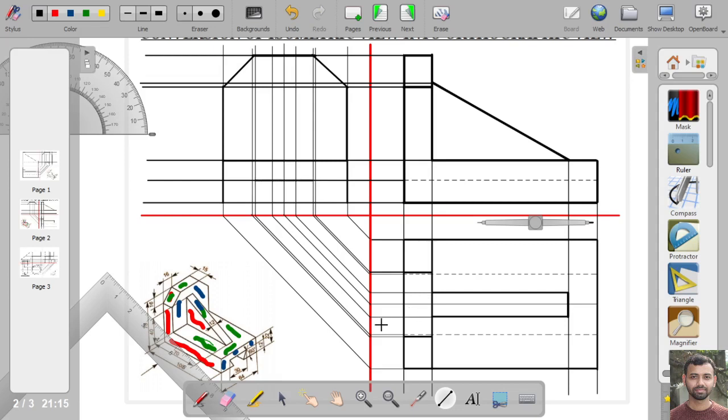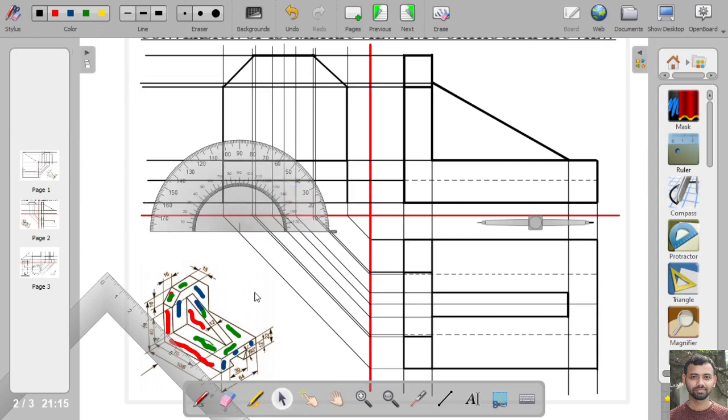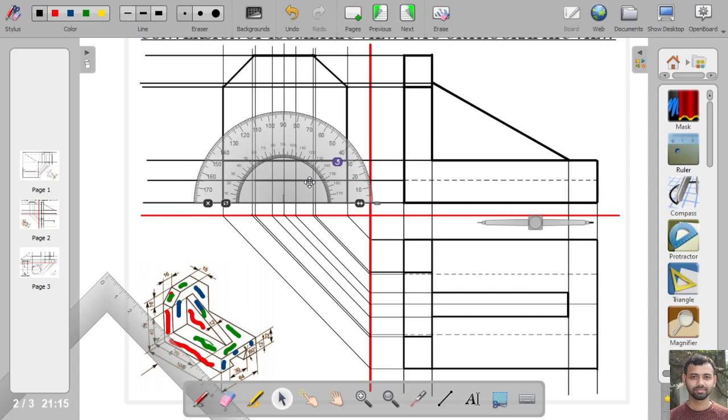Now the next thing is that from this point, this line is at an angle of 60 degree. We can take the help of a protractor, or a set square, the 30 degree 60 degree set square if you have. You can measure a 60 degree angle with a set square, but here I am using the protractor.